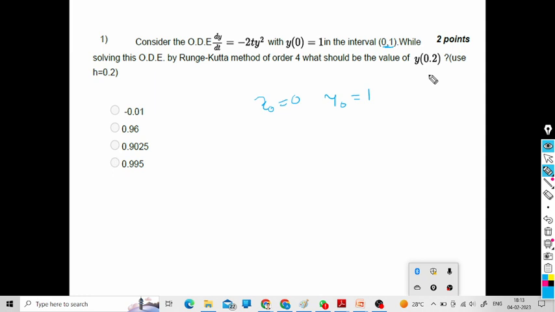So what's the formula? y at n plus 1 is equal to 1 by 6 times k1 plus 2k2 plus 2k3 plus k4.